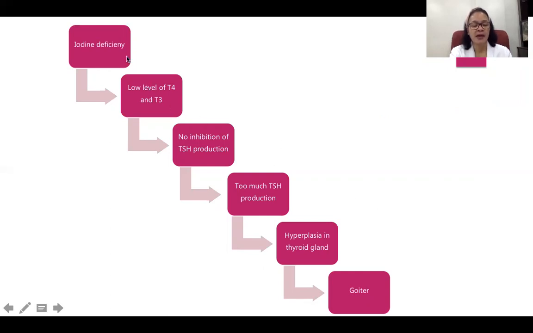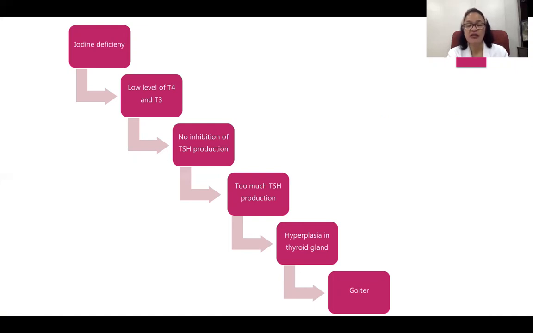Iodine is, of course, very necessary for the secretion of your thyroid hormones T4 and T3, and the amount of TSH secreted by the anterior pituitary is regulated by a negative feedback loop.